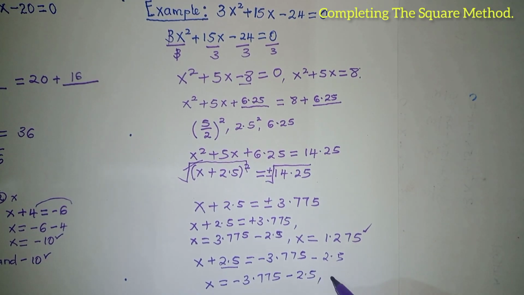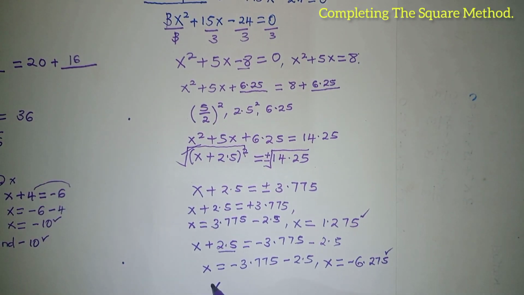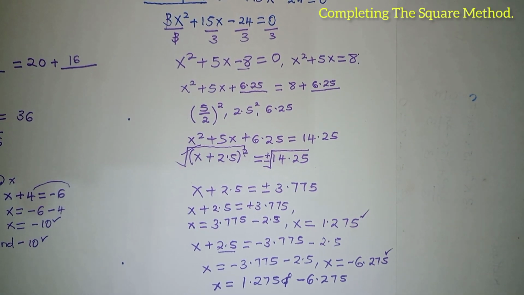So the second value of x is negative 6.275. And finally the values of x for this quadratic equation are 1.275 and negative 6.275. And that's how you complete the square comfortably.